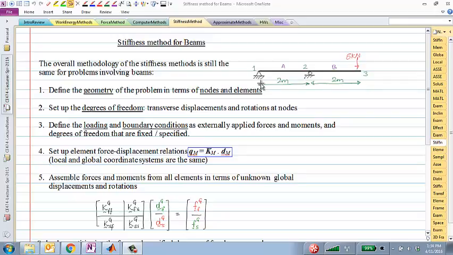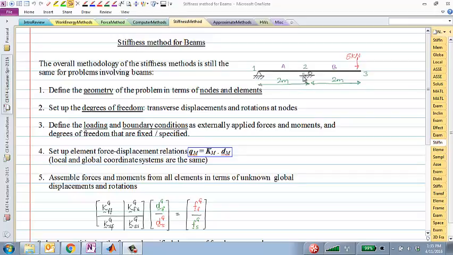Whereas for an indeterminate problem, statics alone does not work, as we saw. And I also mentioned that for the stiffness method for beams, and for stiffness method in general, it does not matter whether a structure is statically determinate or indeterminate. It's the exact same method that works on both types of problems.